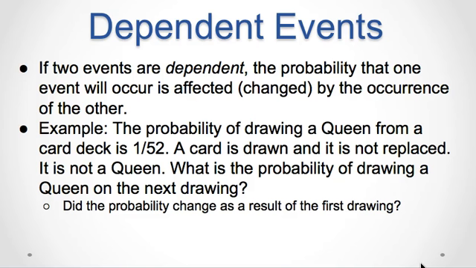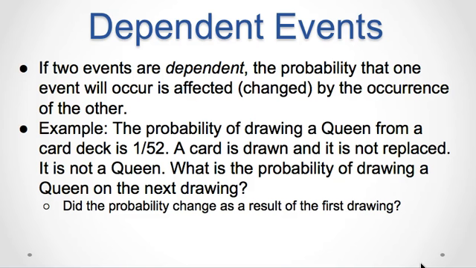Some examples of events that affect the probability of the next event are choosing a card, not replacing it, then choosing another card. The probability of choosing the first card is 1 out of 52, which equals 0.0192.